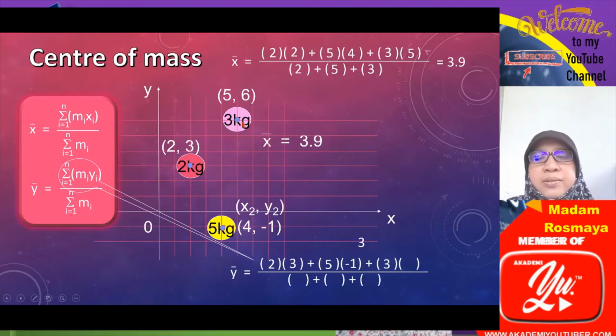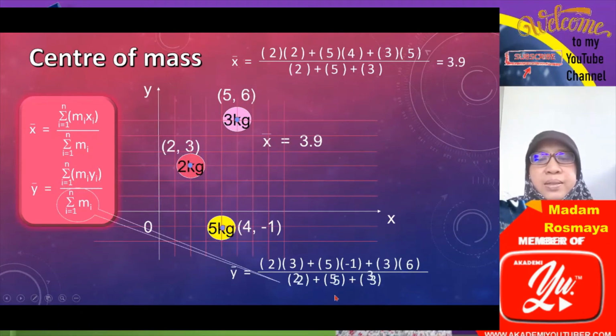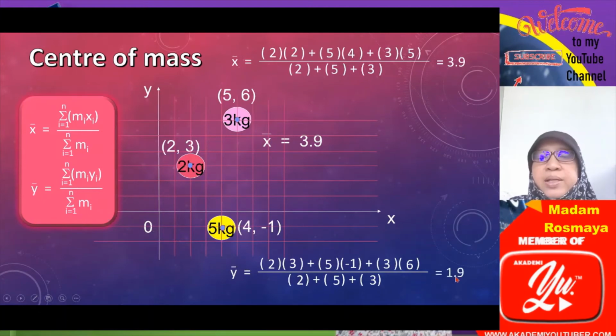And the third object, 3 kilogram mass, the coordinate y is 6. Okay, then the total of the mass, 2 plus 5 plus 3. So the answer is 1.9. So this is the bar Y.